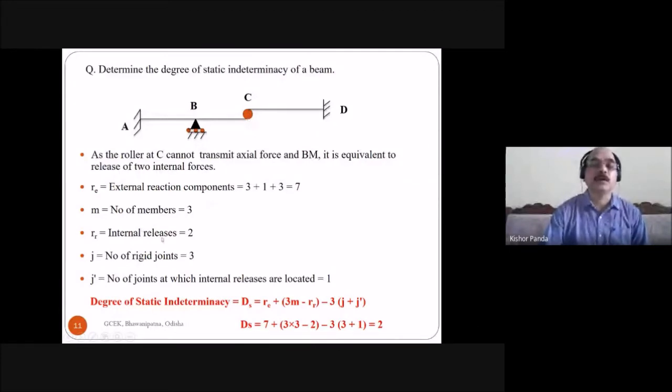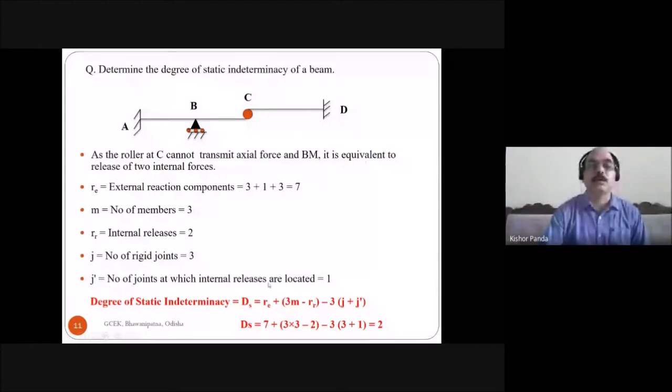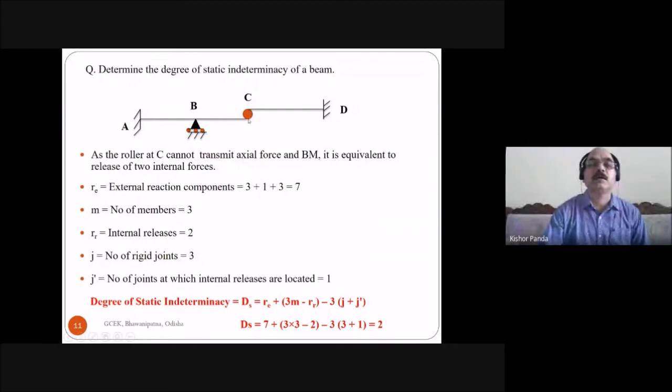So internal release is equal to 2, and the number of rigid joints is 1, 2, 3, meaning the number of supports. So this is one support, this is one support, and this is one support. Z dash is the number of joints at which internal release are located. So the internal release is located here, one internal release, and here one internal release.